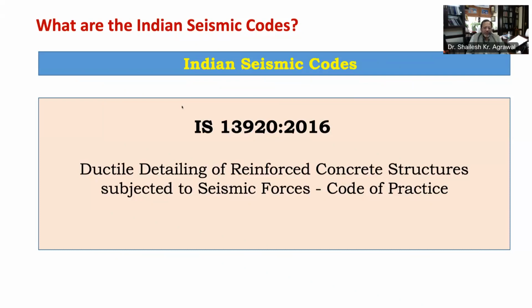After the 2001 Bhuj earthquake, this code has been made mandatory for all the structures in zone 3, 4, and 5. Similar provisions for seismic design and detailing of steel structures, which were not earlier available, are now being published through Indian standards.